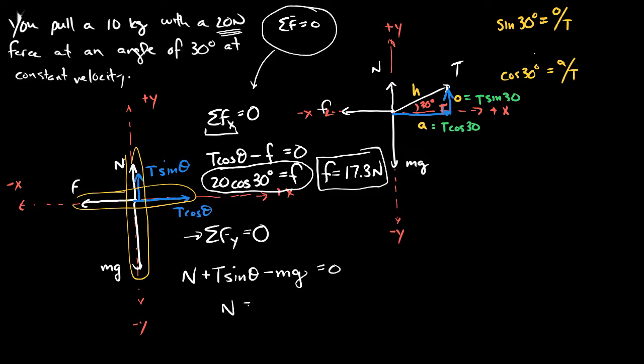So I'm going to get mg minus 20 times the sine of 30 degrees. Now, we were given the mass, it was 10, so mg is 100. So I think this comes out to be 90 newtons.